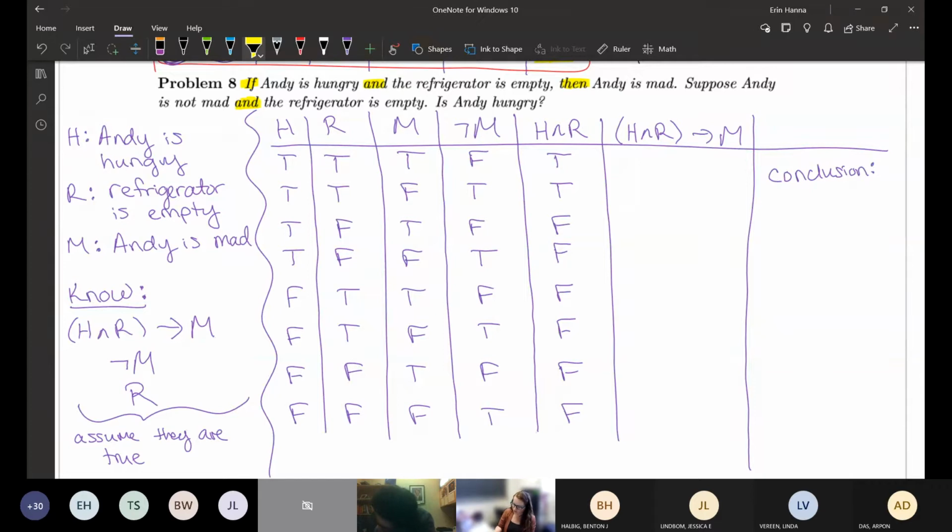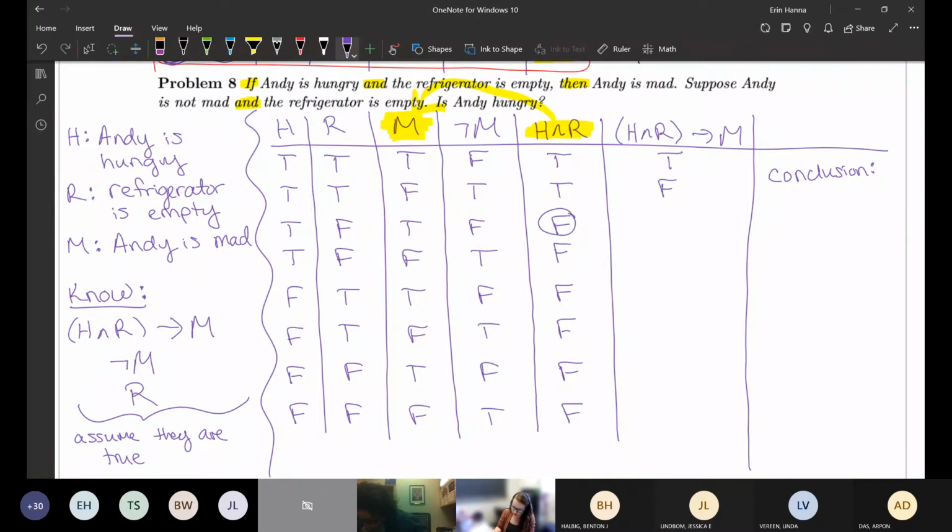And now we have H and R implies M. So remember, this one gets a bit weird. Remember, with implies, the only thing that's false is a true implies false. Everything else is true. So we have a true implies true is true. Second row, true implies false is a false.